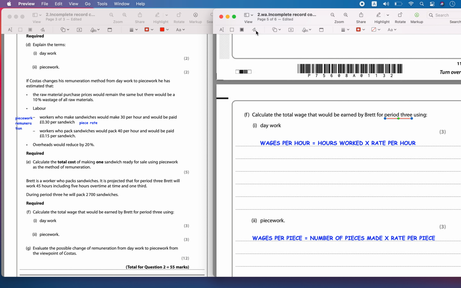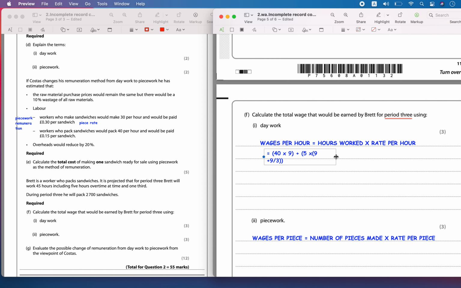For the day work, we have to just calculate the number of hours he's going to work and what is the rate per hour, and how much he will get as remuneration. At this time he is going to be paid for 40 hours at the rate of £9. For the remaining 5 hours, he is going to be paid the overtime rate, which is 9 plus time and 1/3, so 9 divided by 3.